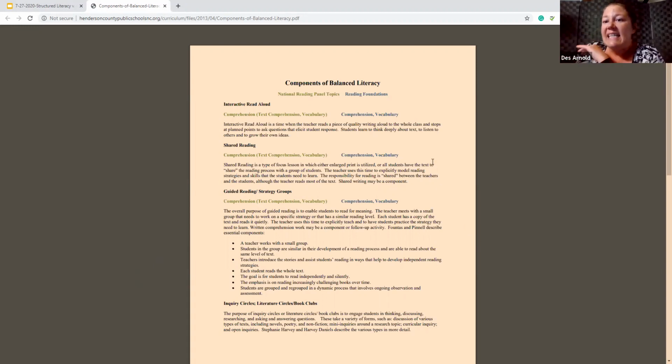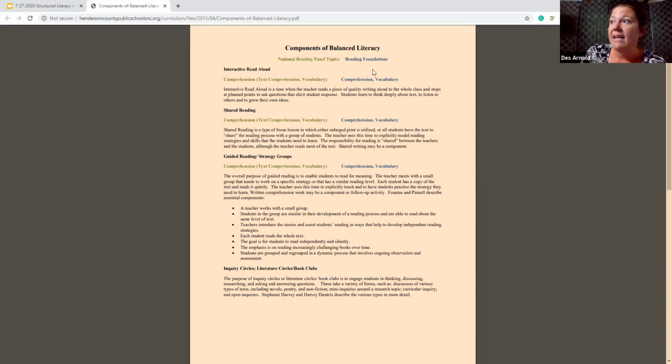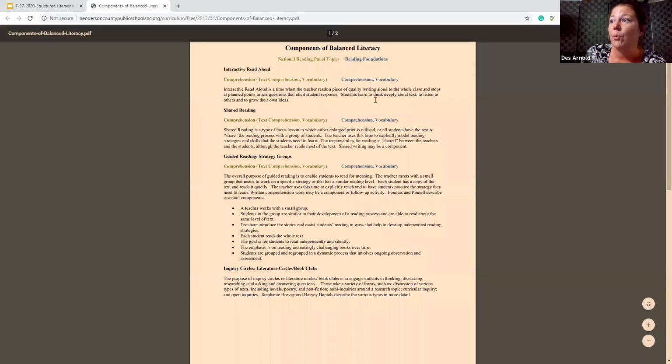So this is in the notes of the presentation on that page. Some components of balanced literacy, and the green part, I liked this printout. The green words are your National Reading Panel topics, and the blue words are your reading foundation.